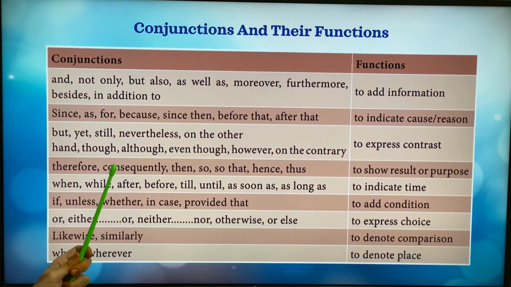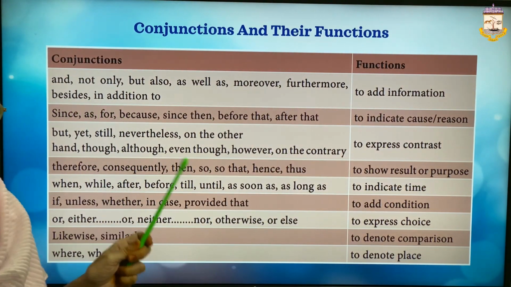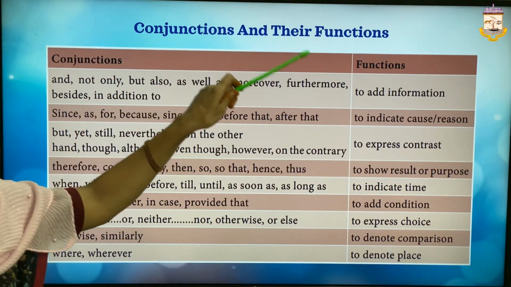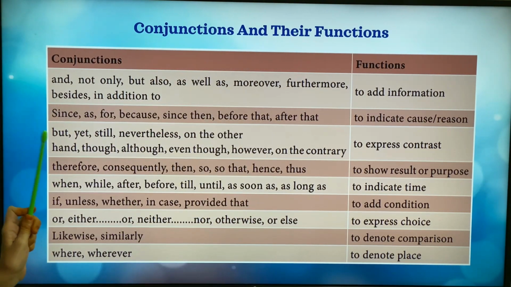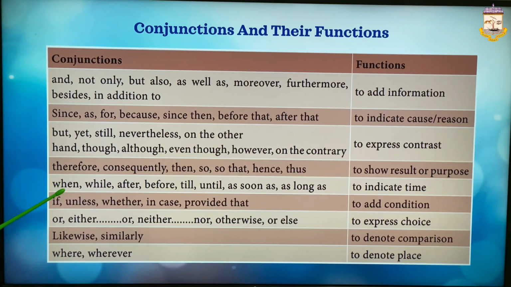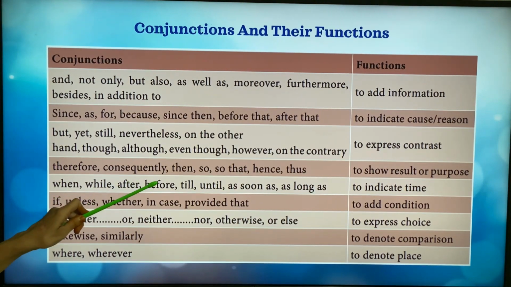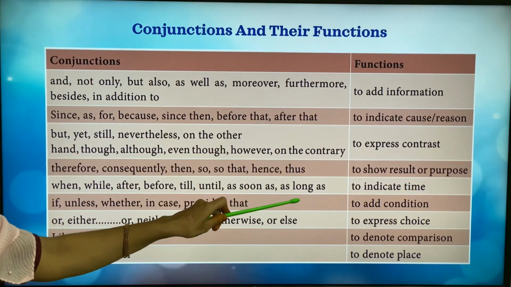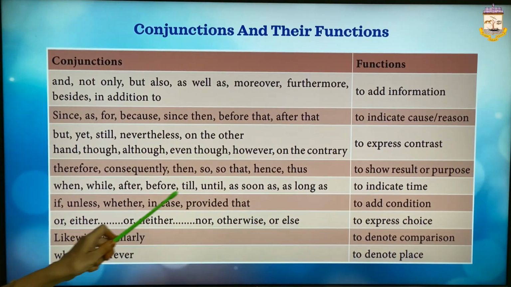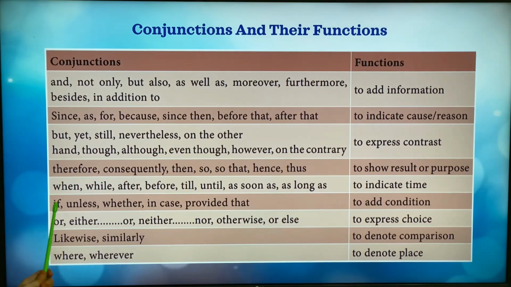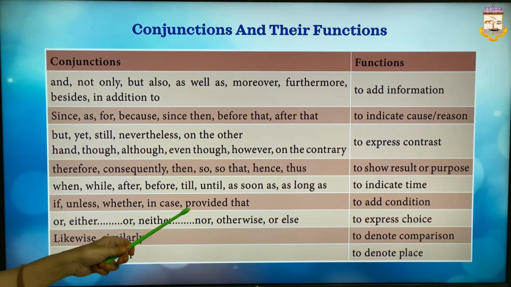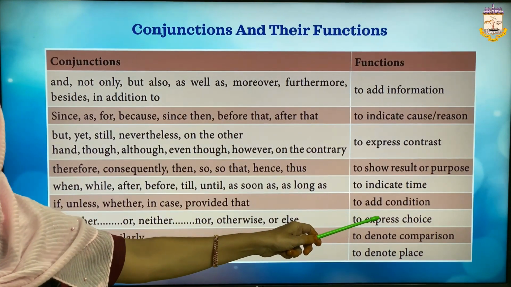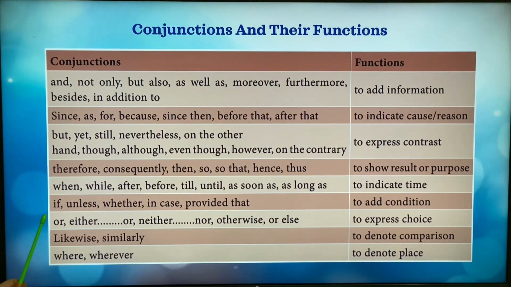Whenever you have a doubt in filling what conjunctions I have to add in a particular sentence, you can refer to this table. Is it clear, children? When, while, after, before, till, until, as soon as, as long as: these indicate time. If, unless, whether, in case, provided that: these are used to add condition. If is used in condition.